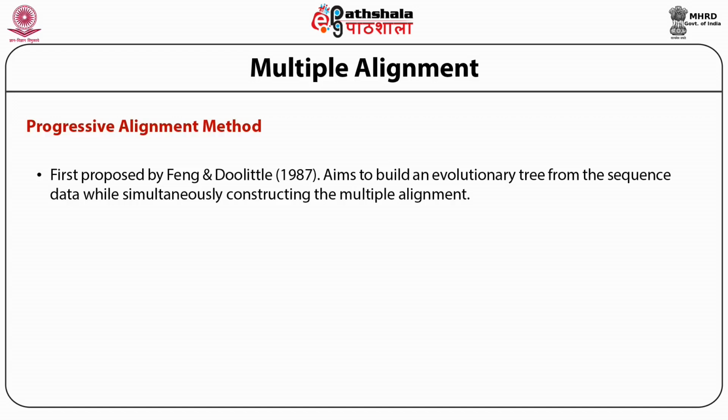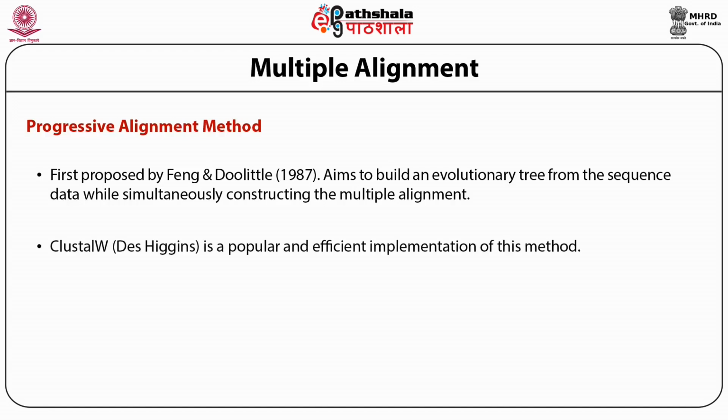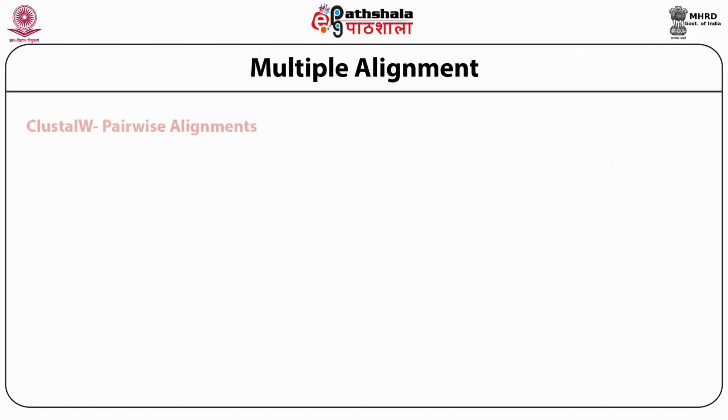There are many programs which implemented their idea, and one of the programs called ClustalW, written by Des Higgins, perhaps currently has more than 80% market share of multiple alignment programs. So let us take ClustalW and go through how it follows its progressive alignment method.